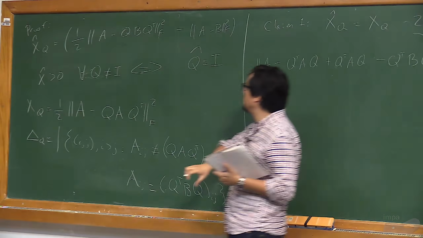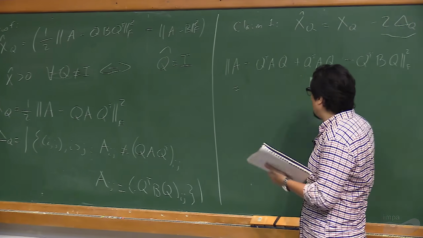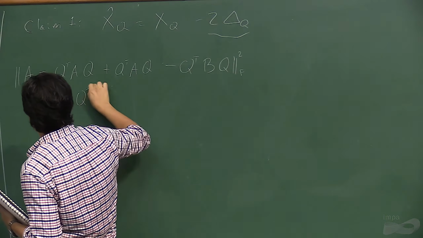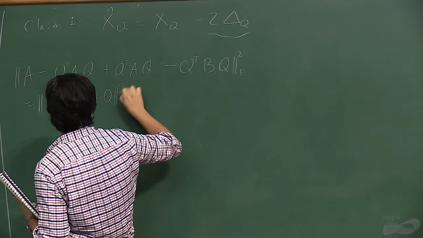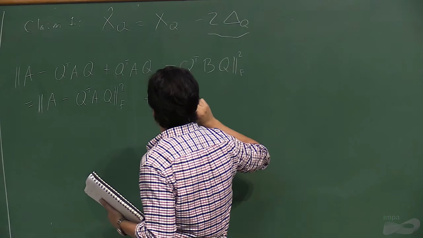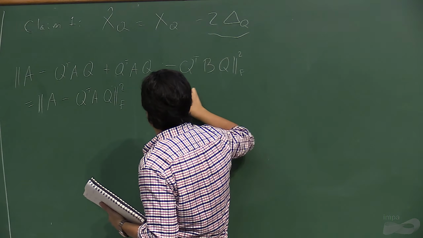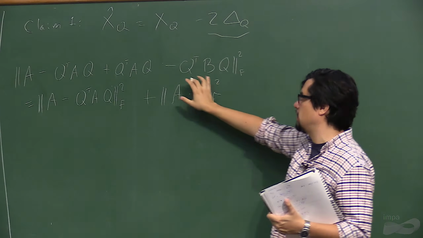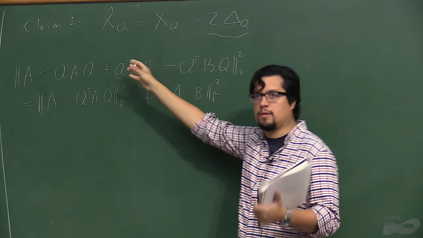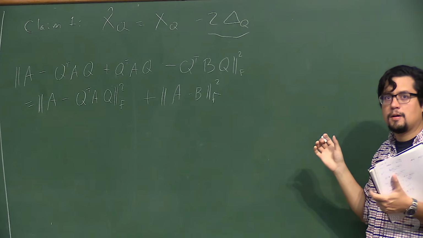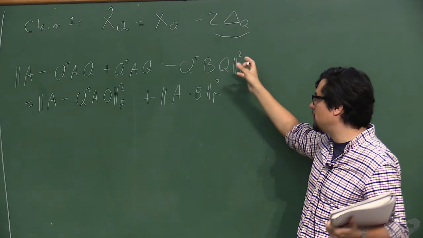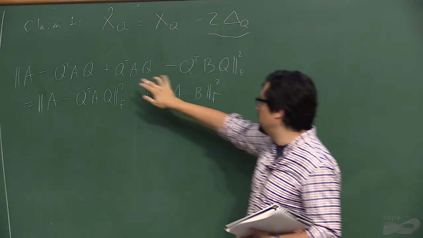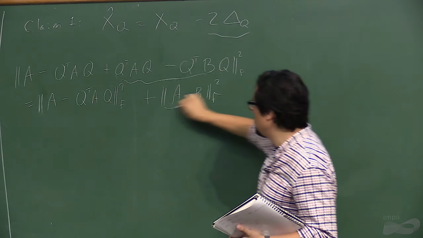Which is just the first part of X hat Q. And this is basically going to be equal to this quantity here, XQ, plus A minus B. So I can take these two terms, but the Q cancels out because it's a permutation matrix. Basically, the permutation is an orthogonal matrix, and the Frobenius norm has the property that orthogonal matrices cancel out. So basically, this part here is just equal to this.